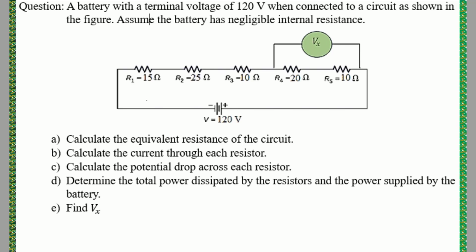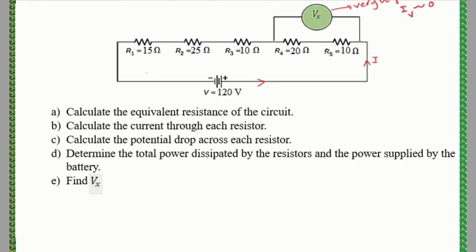Now, if you note, this circuit is a series circuit, because the current is flowing from the positive terminal. This is the current. It will flow through R5, then R4, R3, R2, R1. And we assume that the voltmeter has very high resistance, so the current through the voltmeter is almost zero, we can neglect it.